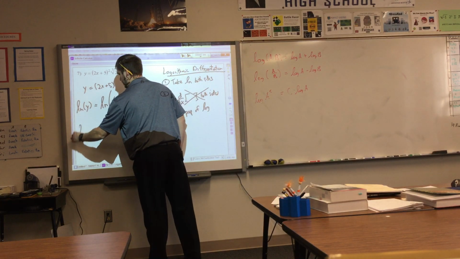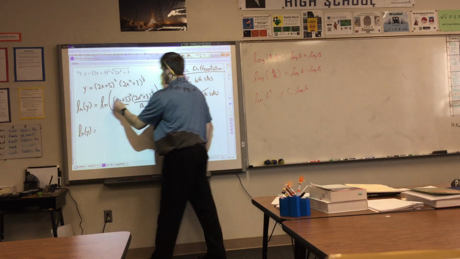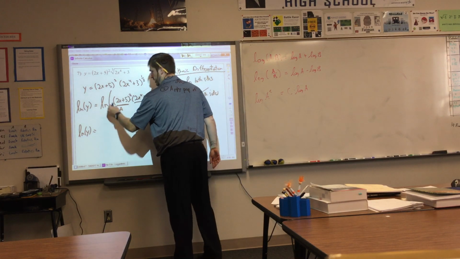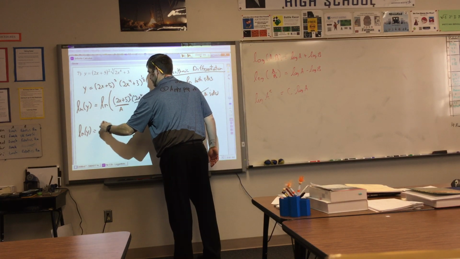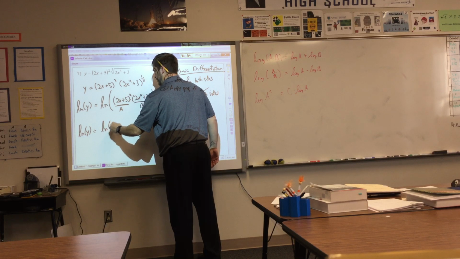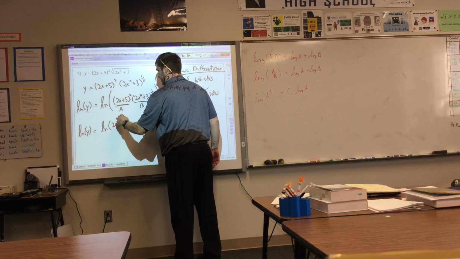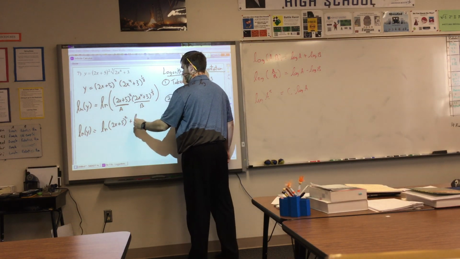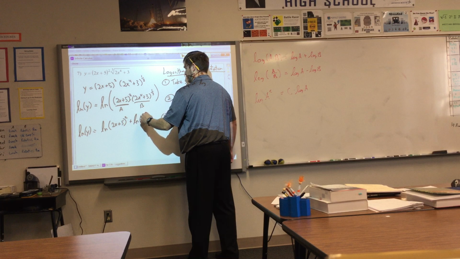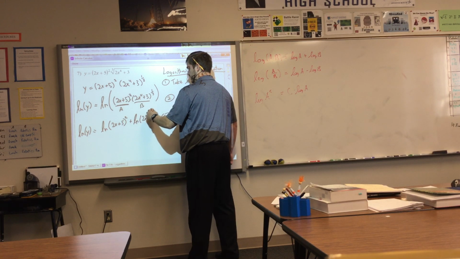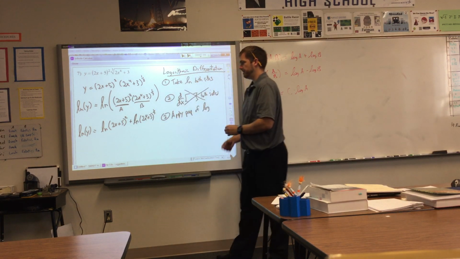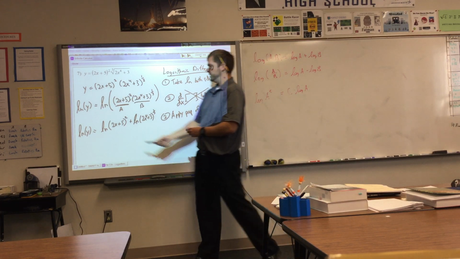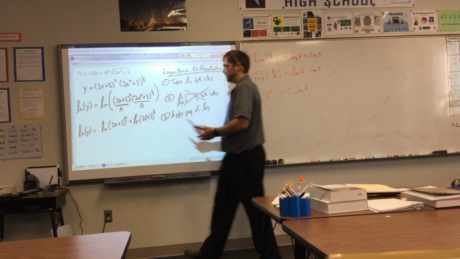So let's apply the product rule here, the product rule for logarithms, and rewrite this as the natural log of (2x plus 5) squared plus the natural log of (2x to the 4th plus 3) to the 1/3. That's just natural log of A plus natural log of B.